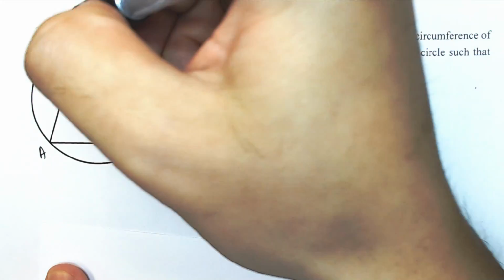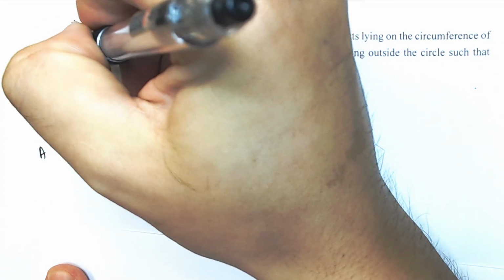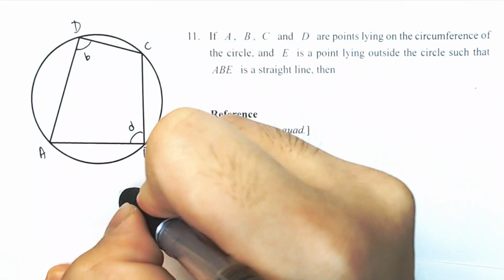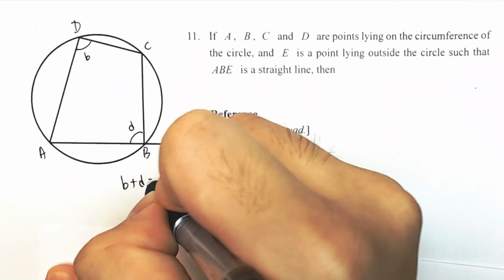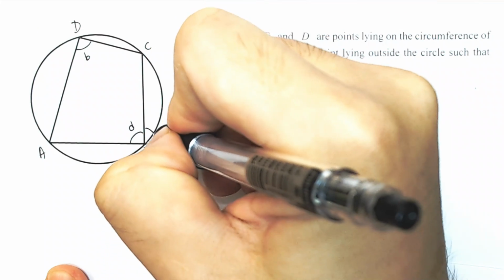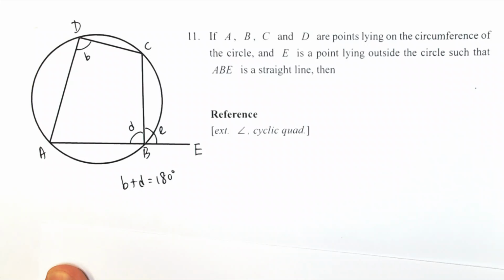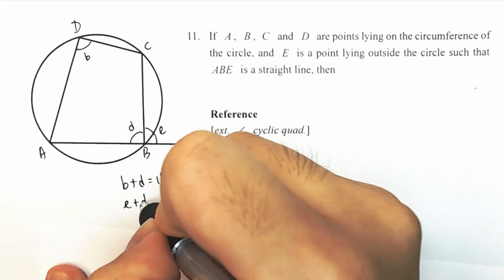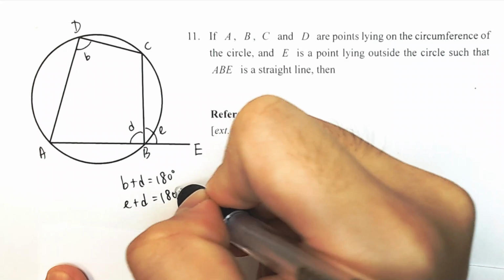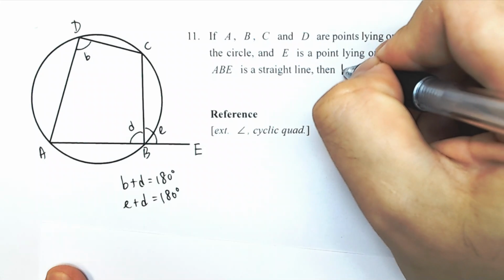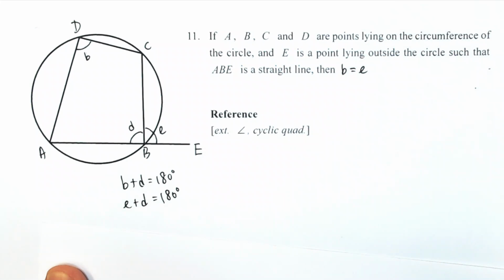Then we first know that if this is angle B and this is angle D, the sum of B and D is 180 degrees, right? And if I mark it as angle E, by adjacent angles on a straight line, we also have E plus D equals 180 degrees. Comparing these two, we have B equals E.